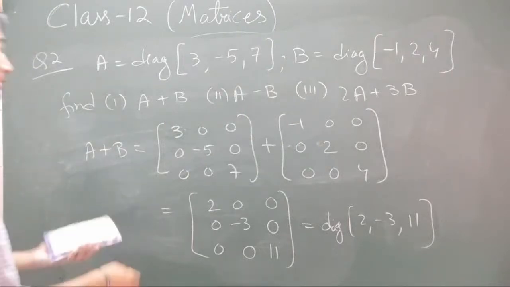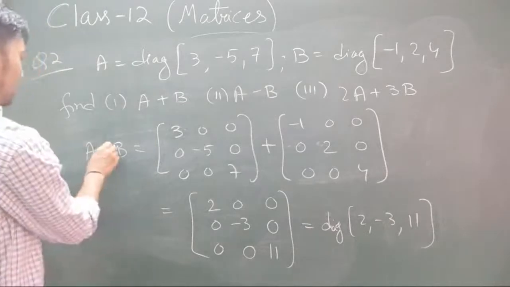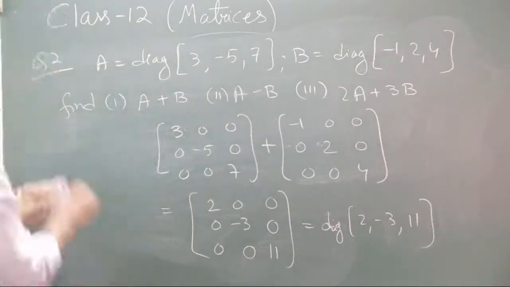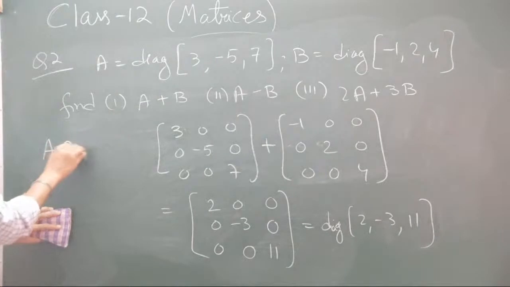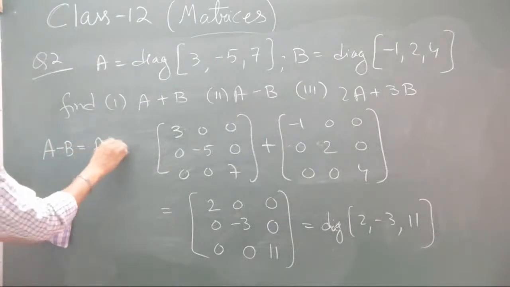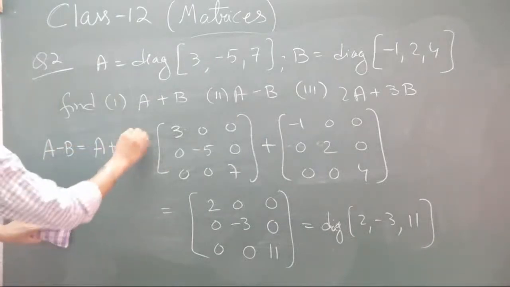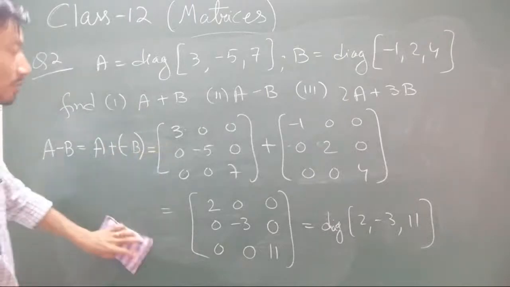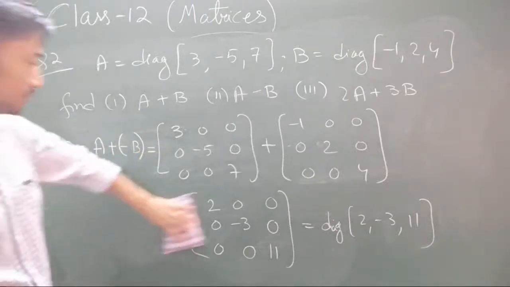Alright, now the other one, that is A minus B. This will be better written as A plus minus B. We will stick to the detailed way; with big problems we'll solve later on.